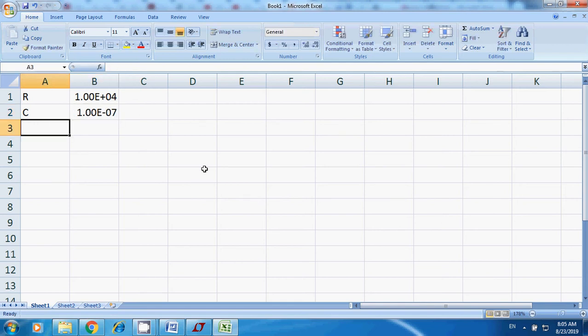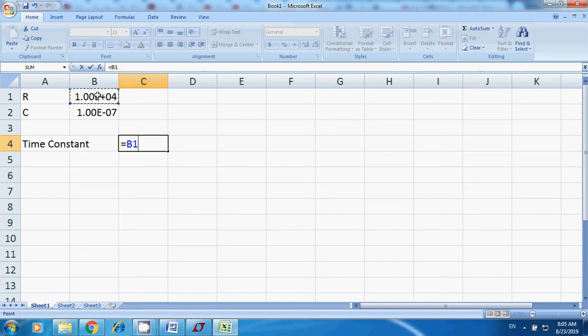That's your C. And now your time constant is going to be what? Equal to RC, right? So multiply this R by C. So this is your time constant in the unit of seconds. So that looks like 1 millisecond, right? 1.0 multiplied by 10 to the power negative 3.